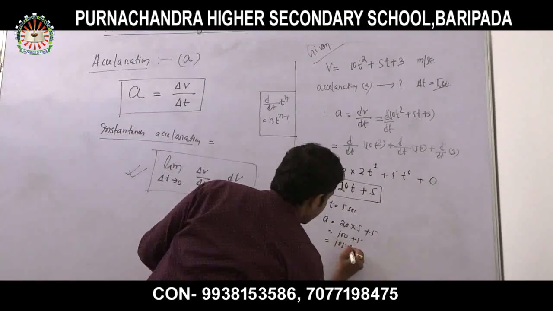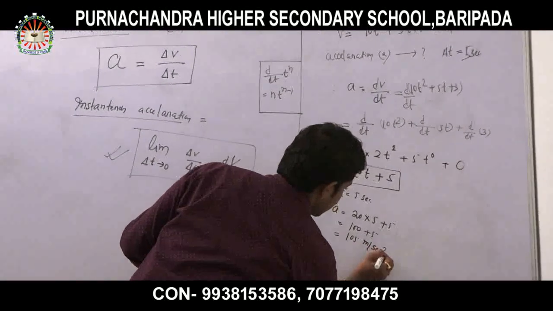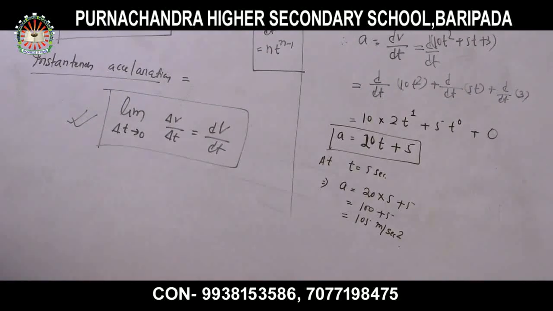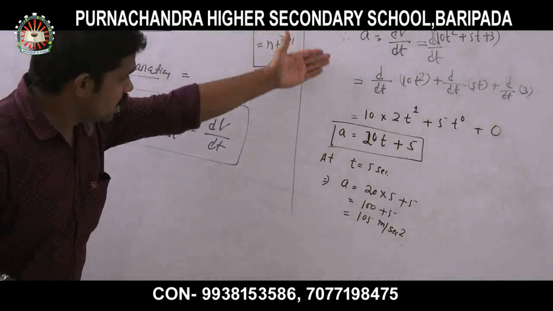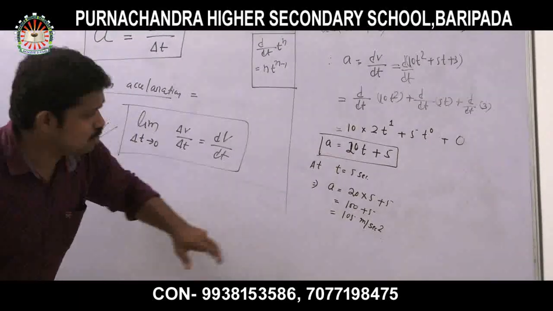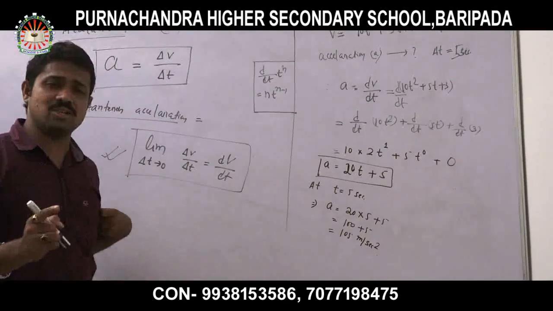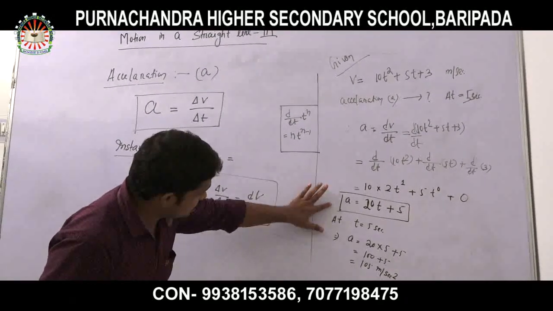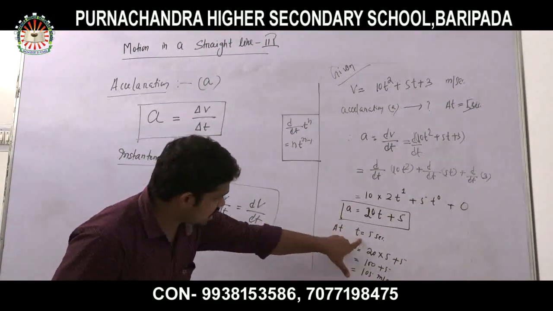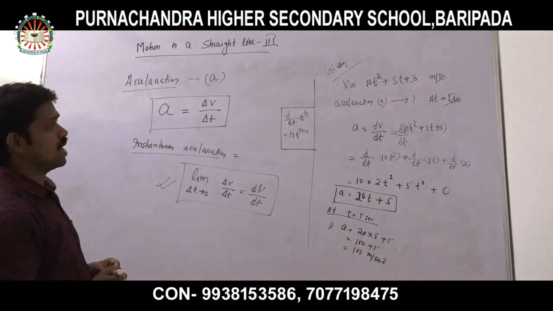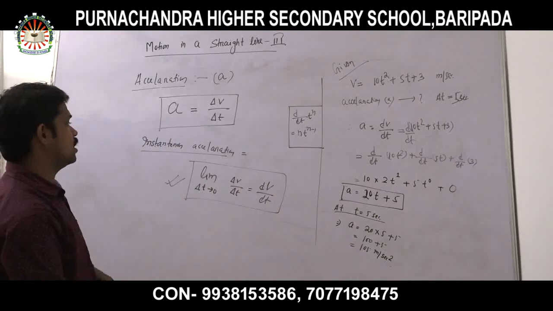Clear? 105 meter per second square. So in this way you can solve problems for instantaneous acceleration. This acceleration value gives me which type of acceleration? The instantaneous acceleration at a particular instant of time. Here I have to take t equal to 5 seconds. Understood all of you? Clear?